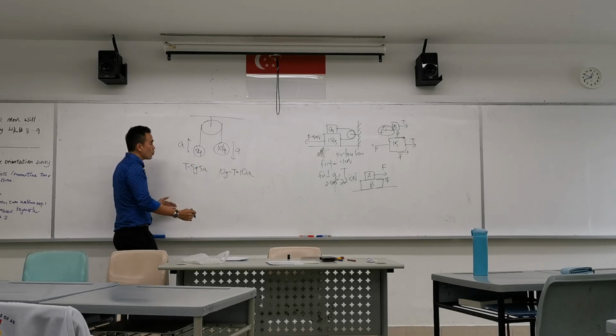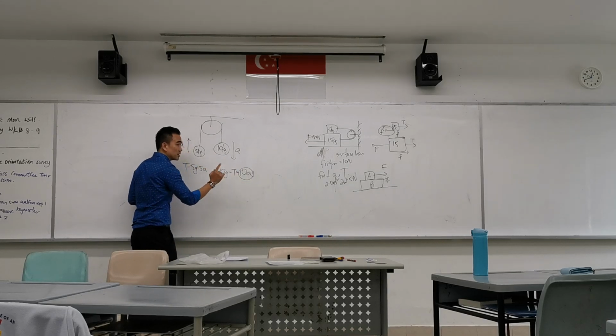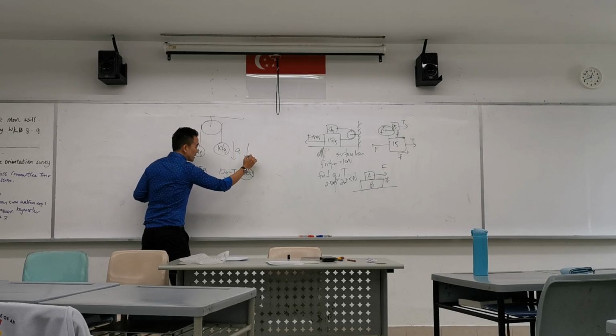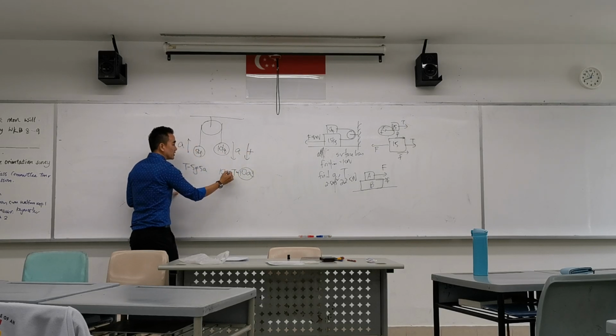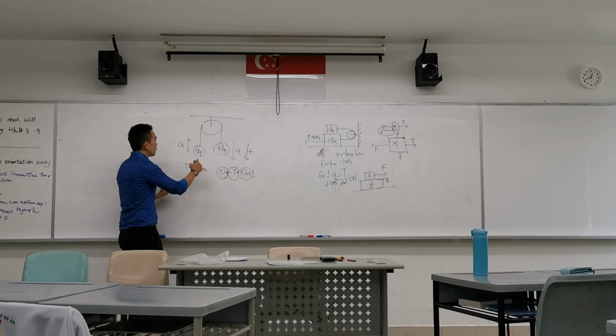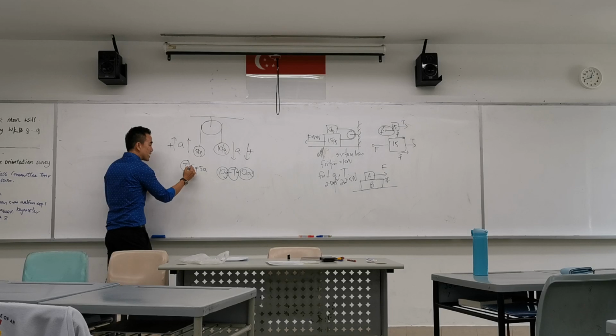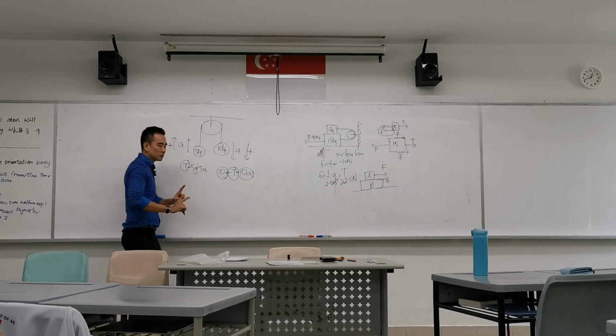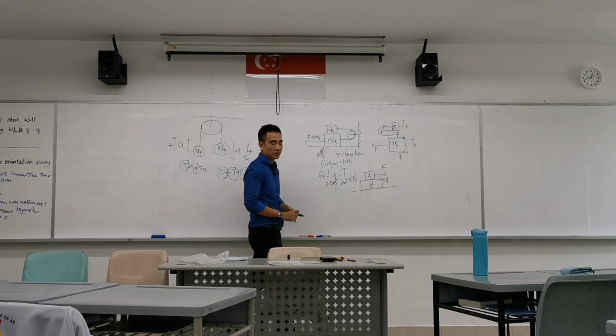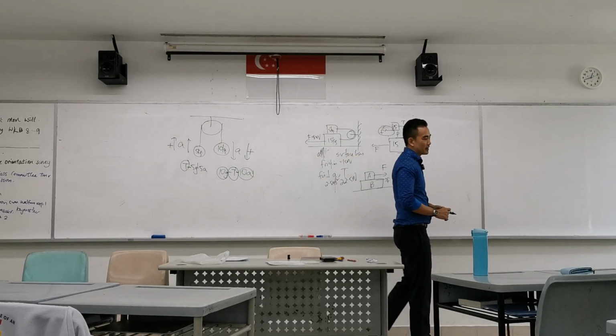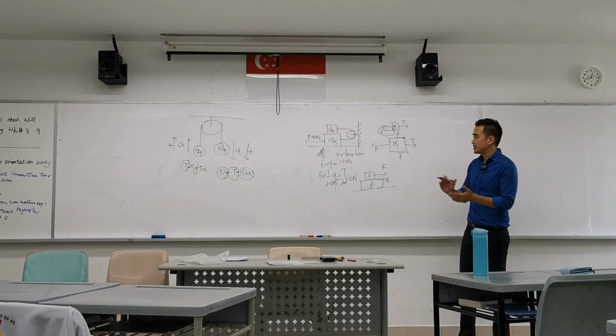The trick is always to take the direction of acceleration as the positive. So in this case, I took downwards to be positive. That's why I take 10g, which is downwards, minus the upward force. For this one, I took upwards to be positive. That's why I took tension minus the downward force, which is 5g. The trick is always to take the direction of acceleration as positive. Okay? And then you can solve for T and a.